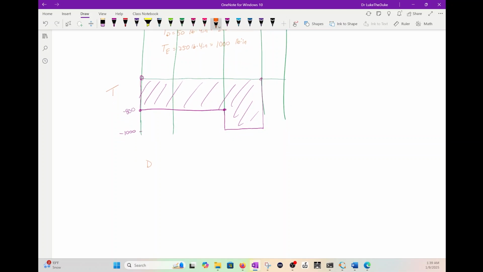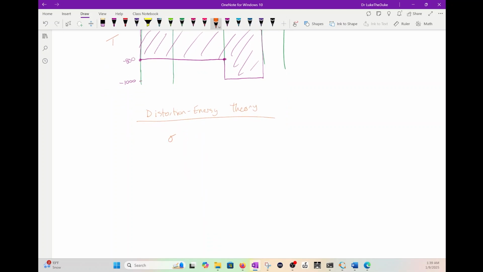So, distortion energy theory states that sigma 1 squared minus sigma 1 times sigma 2 plus sigma 2 squared equals sigma allow squared. Okay. Then we have sigma 1,2 is going to be sigma over 2 plus or minus the square root of sigma over 2 squared plus tau squared.